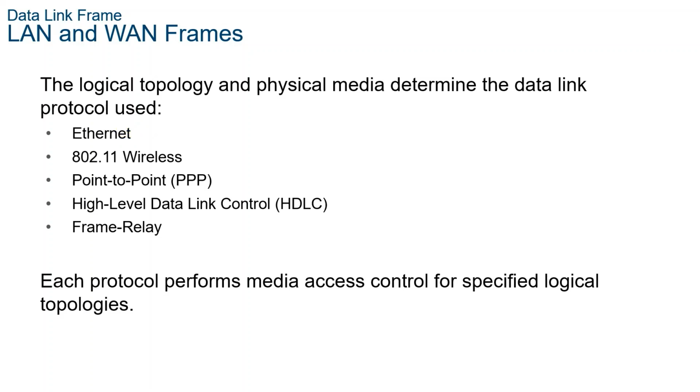A LAN typically uses a high bandwidth technology capable of supporting a large number of hosts. The relatively small geographic area of a LAN, such as a single building or a multi-building campus, and its high density of users make this technology cost-effective.